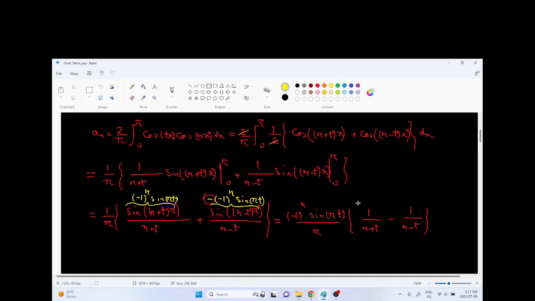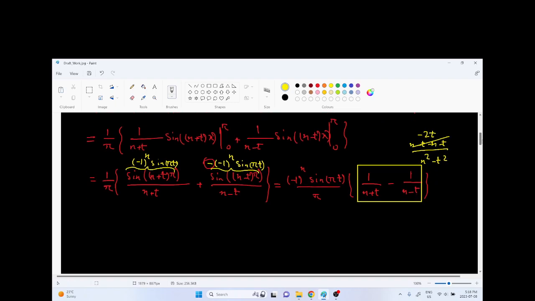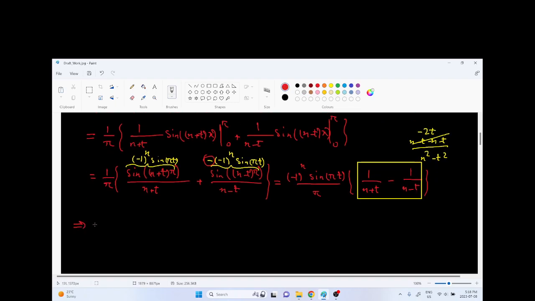And we can get a common denominator here simply as n squared minus t squared. And then at the top, we get n minus t minus n minus t, which is -2t. So finally, for our a n's, we get -2 times -1 to the n times t times sine of pi t over pi times 1 over n squared minus t squared.